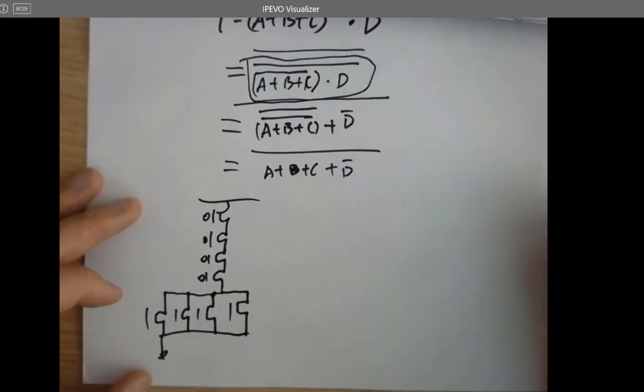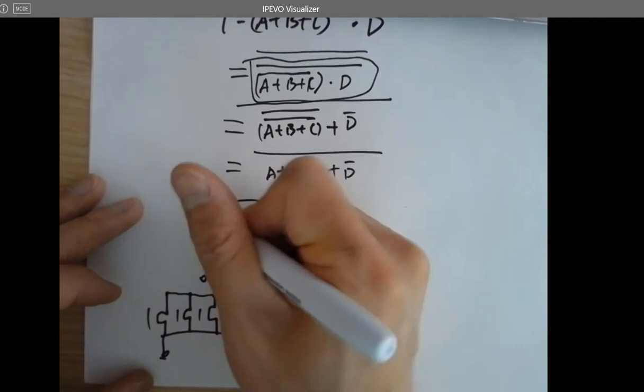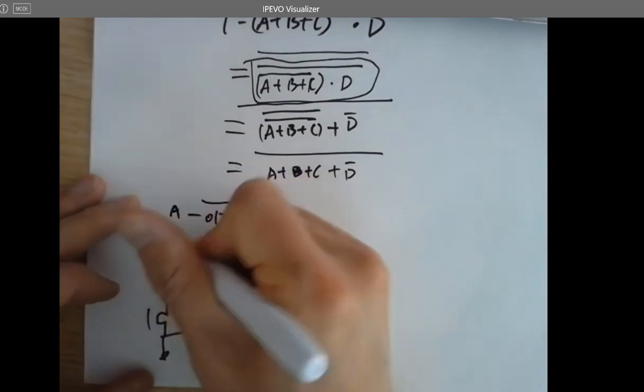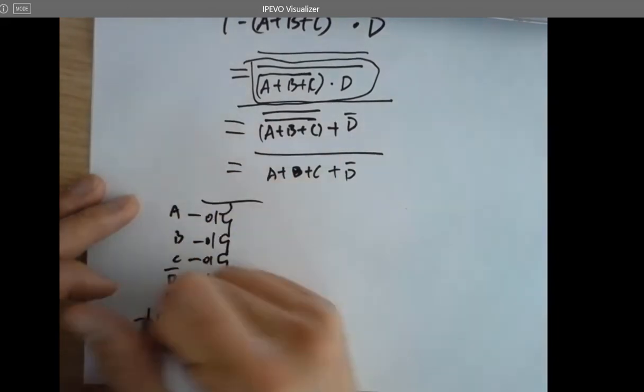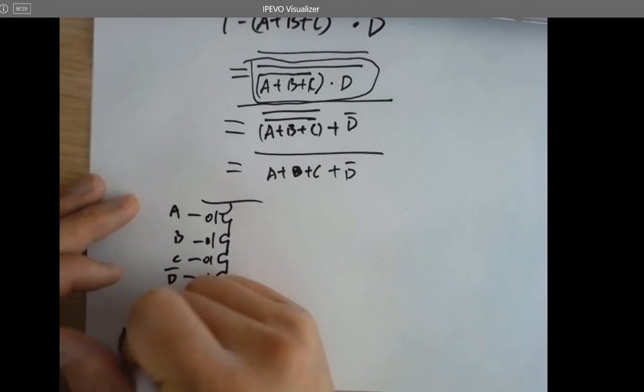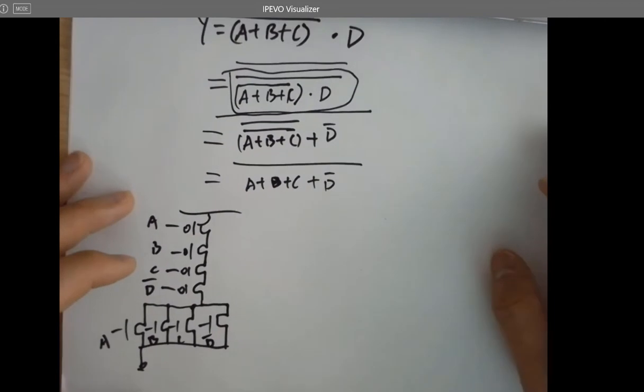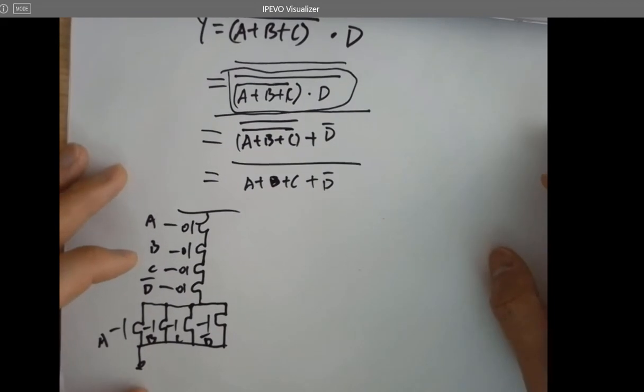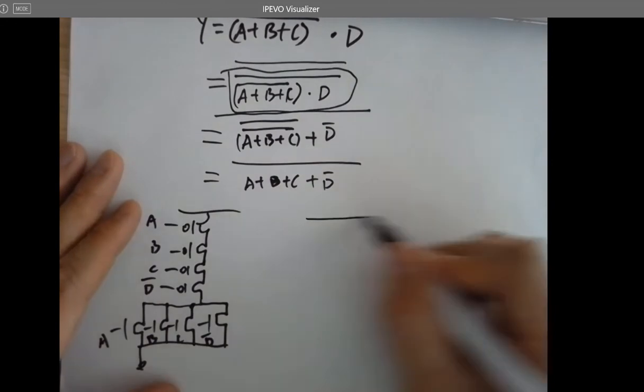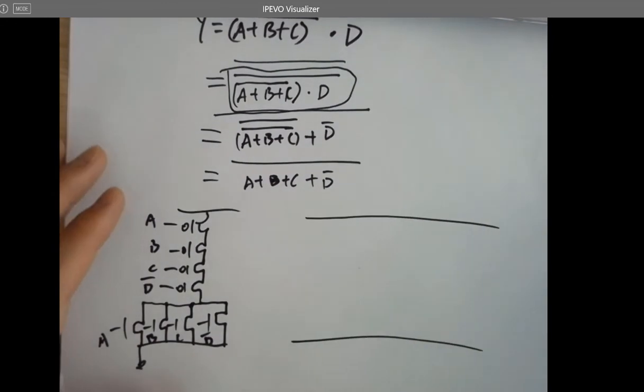The signals are A, B, C, D, NOT. That's a schematic. What about the layout? Stick diagram.